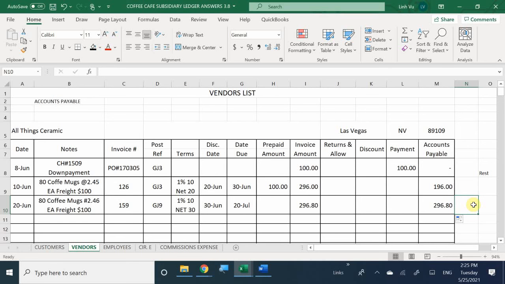Good, excellent. If you're keeping a balance at the very bottom, it should be 492.80.